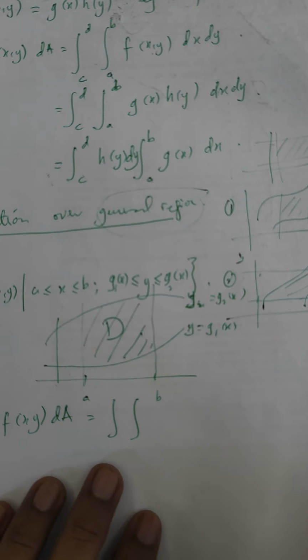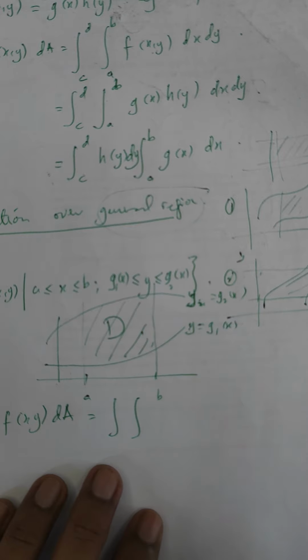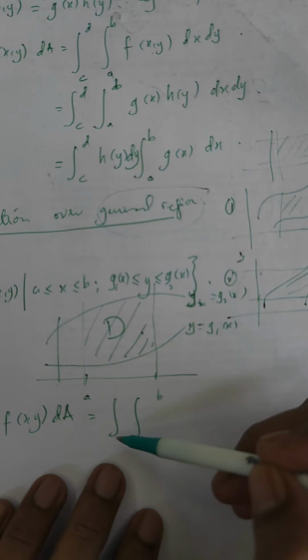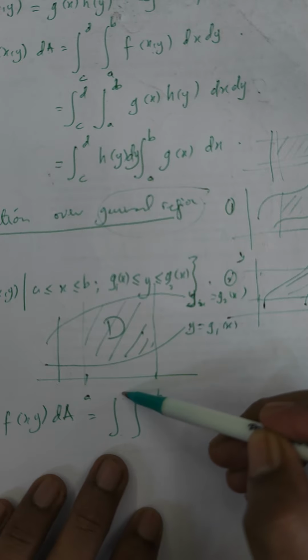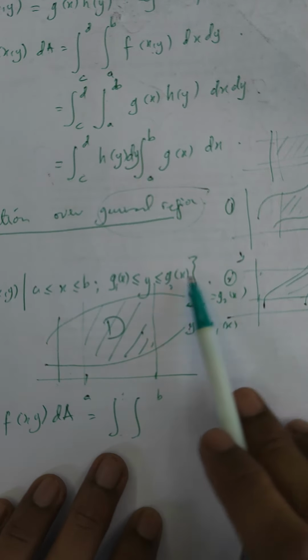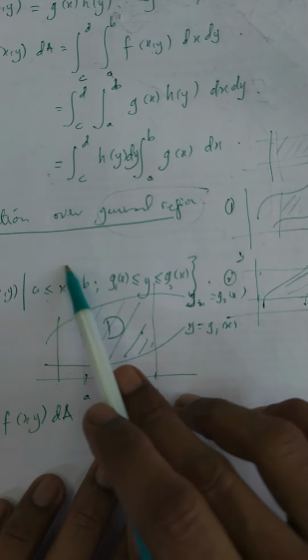So remember that for the outermost integral, you must have the limits of integration from a constant to a constant. In this case, constant to constant is x.